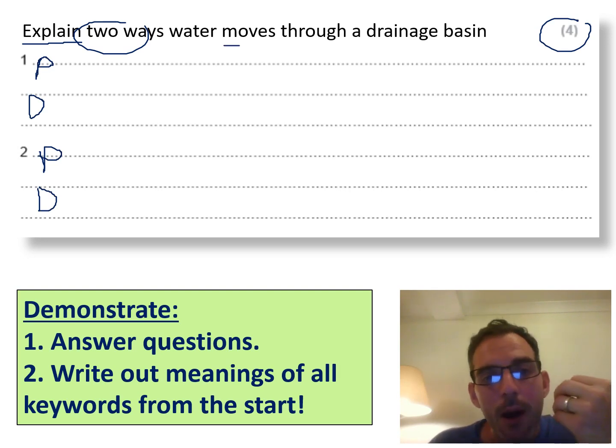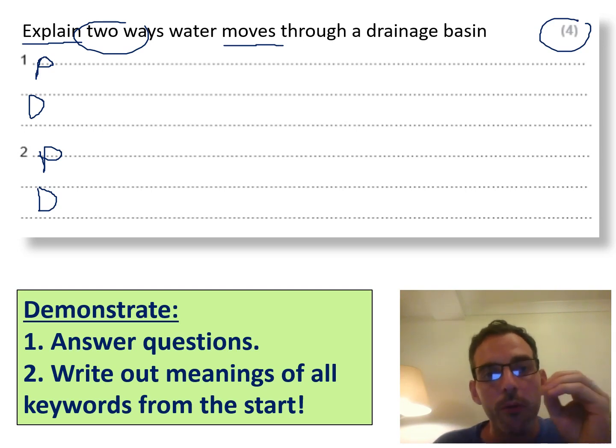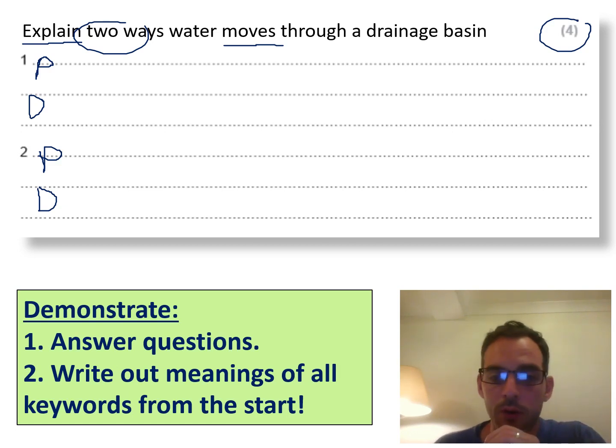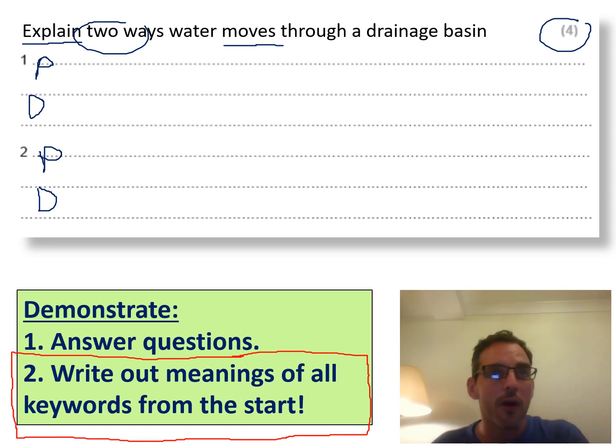If it's about water moving through the drainage basin, you can have the keyword with a definition. Once you've done this 4-mark question, I want you to check that you've done number 2 here, to write out the meanings of all the keywords from the start. It might take you some time to do that.